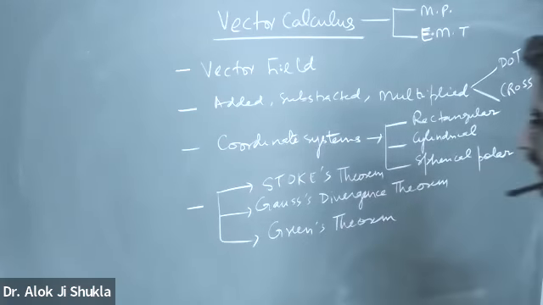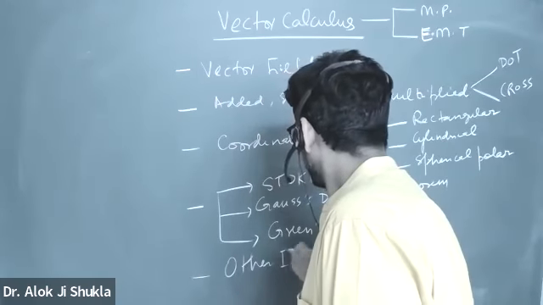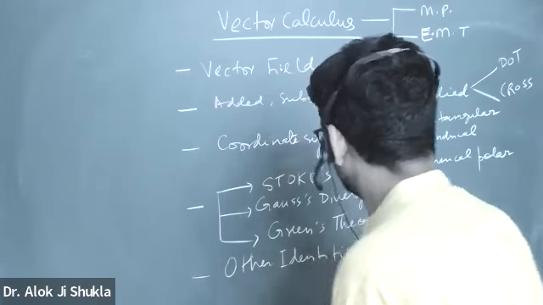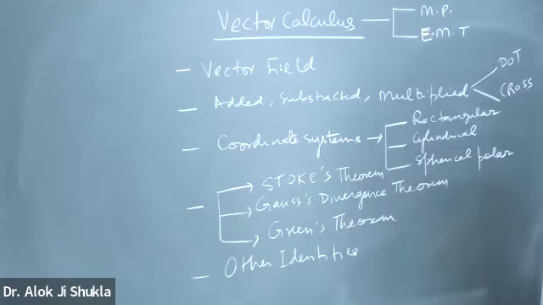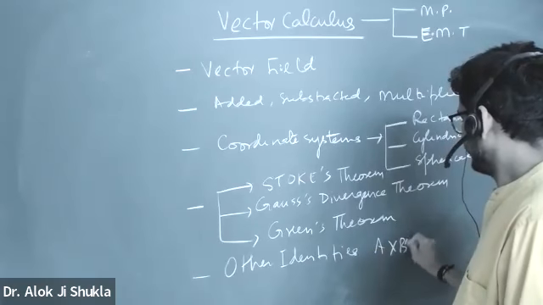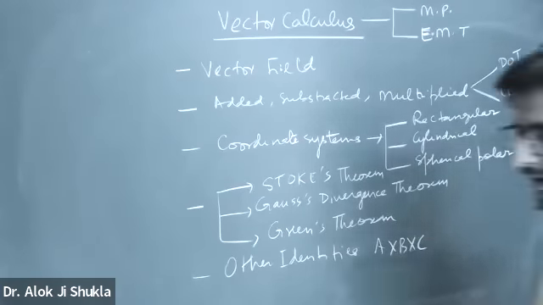And other identities which are important, I will discuss because they are used in between in doing problems. For example, A cross B cross C. So these identities are used, and some related to curl and gradient.